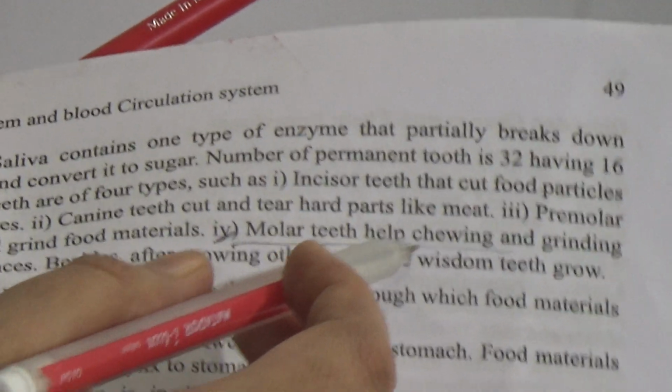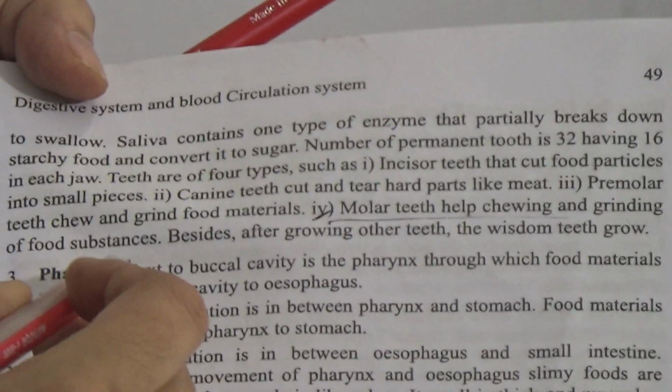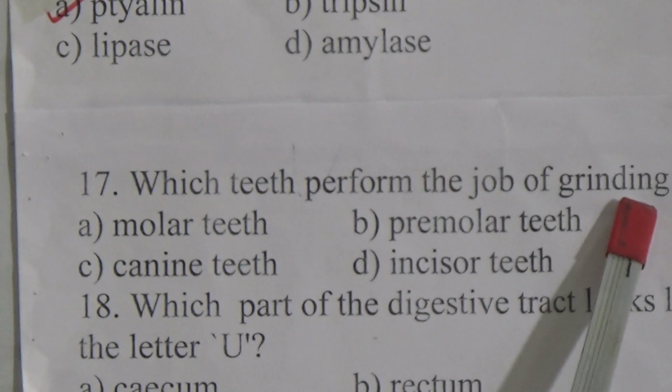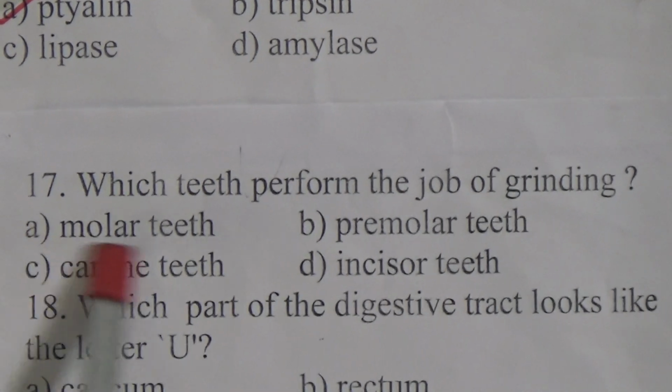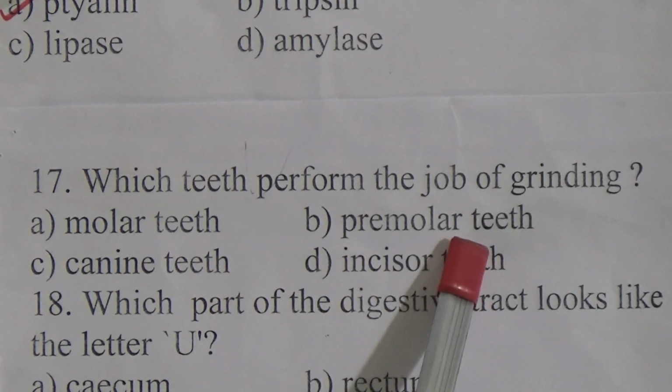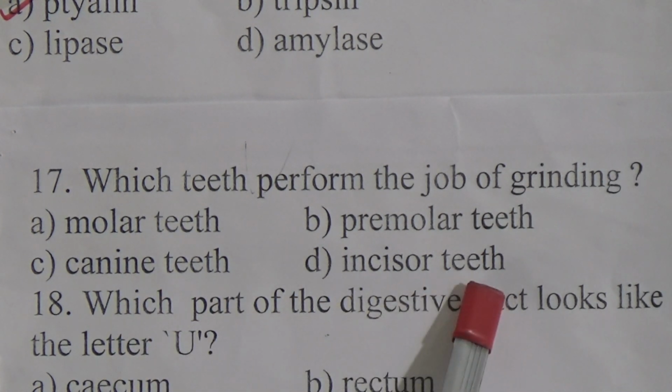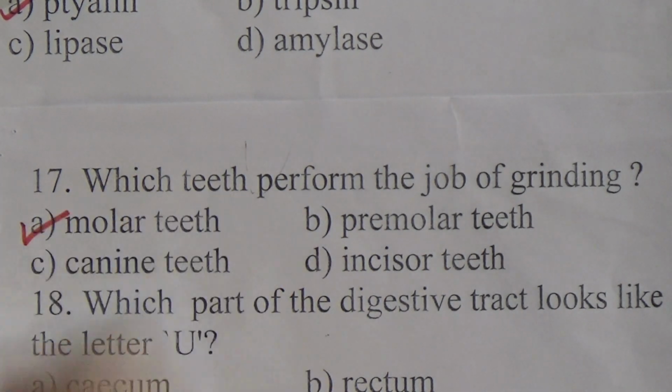Molar teeth help chewing and grinding of food substances. The options are: A molar teeth, B premolar teeth, C canine teeth, and D incisor teeth. The answer will be molar teeth, so we will put a tick here, option A.